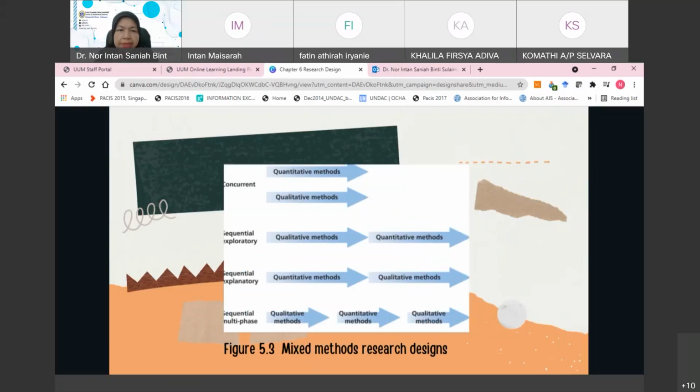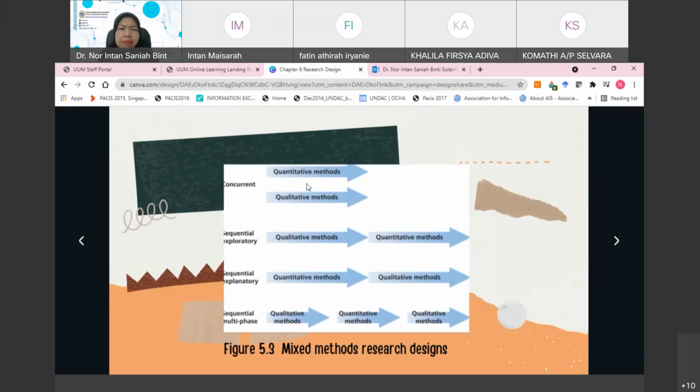So you can see here, mixed method. For mixed method there can be concurrent, or sequential. Sequential has three types: sequential exploratory, sequential explanatory, or sequential multi-phase.